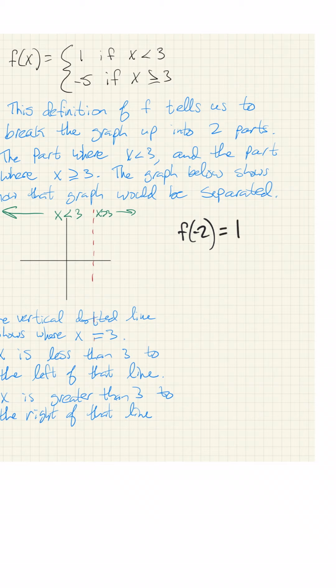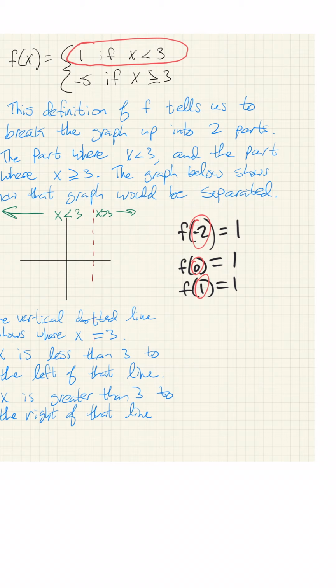Whenever x is less than 3, the function value is 1. So f of 0 would be 1. f of 1 would be 1. Because all of these x values, negative 2, 0, and 1, are less than 3. And we're told that if x is less than 3, the function value is 1.